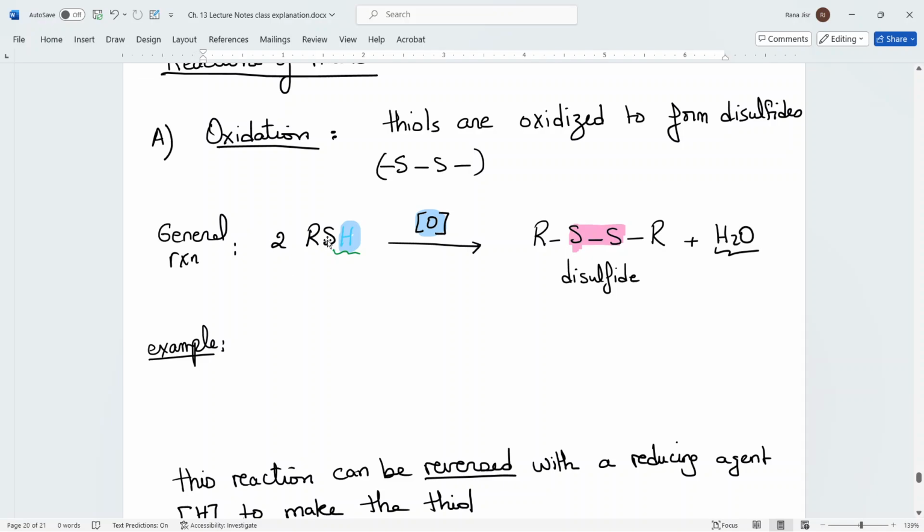So the reaction always goes as such. We start with excess of the thiol and we oxidize it. Each thiol will lose a hydrogen, and we will combine both S's together to form an SS bond, which is a disulfide bond.